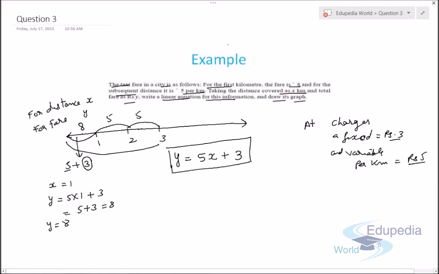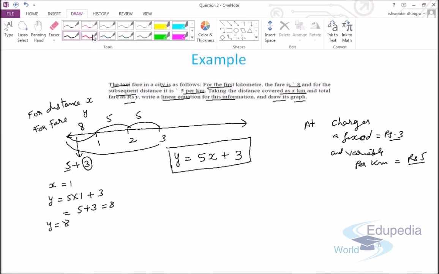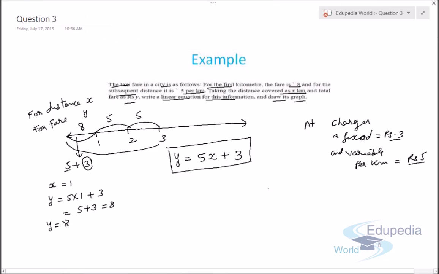Now suppose we draw the box again. The box is like this. Let me draw a box again. This is x, this is y. For the first value, x is 1 and y is 8.